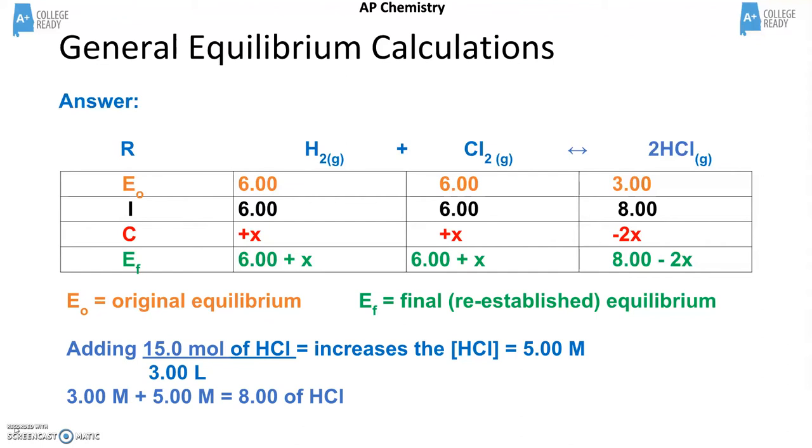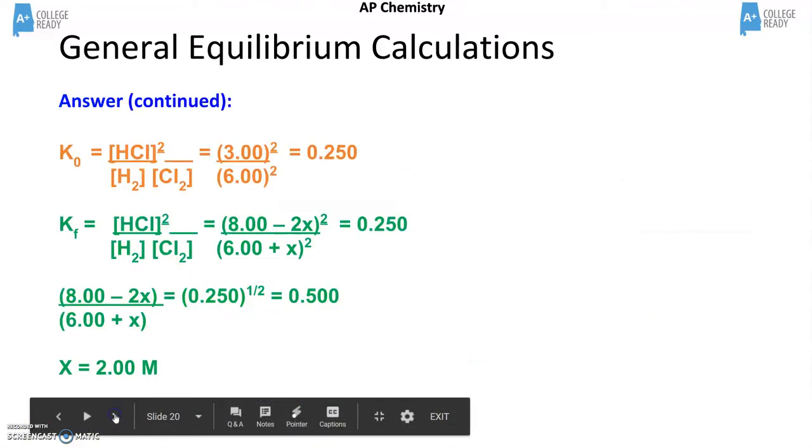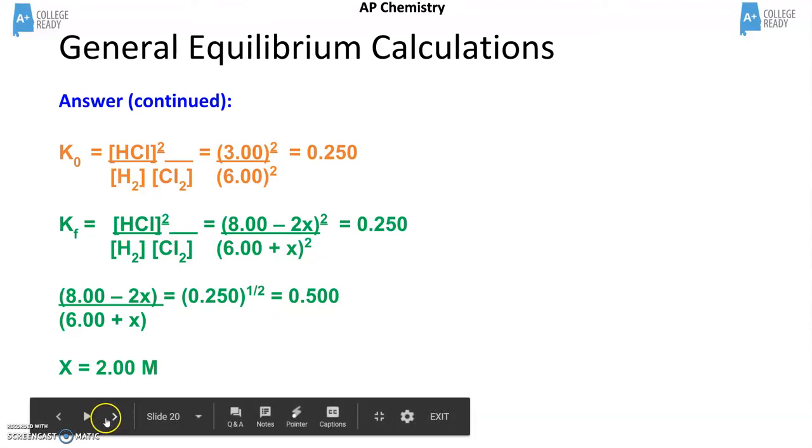I've shown you there. And then that way you've got your moles of your hydrochloric acid. Then, if you notice, I've taken your K constant at original equilibrium and equilibrium at the final, plug it in, and then I solved for my x value. Take a moment and walk through those steps if you're still confused.